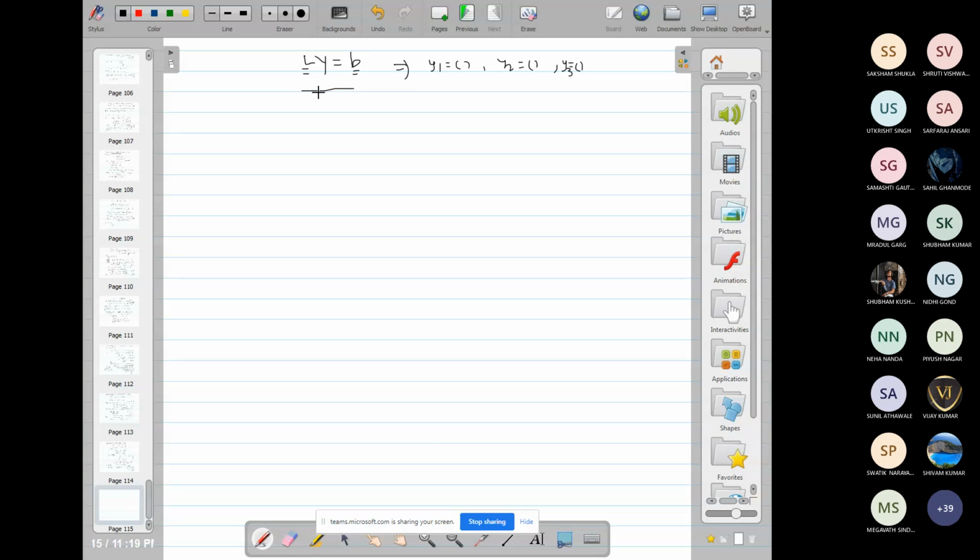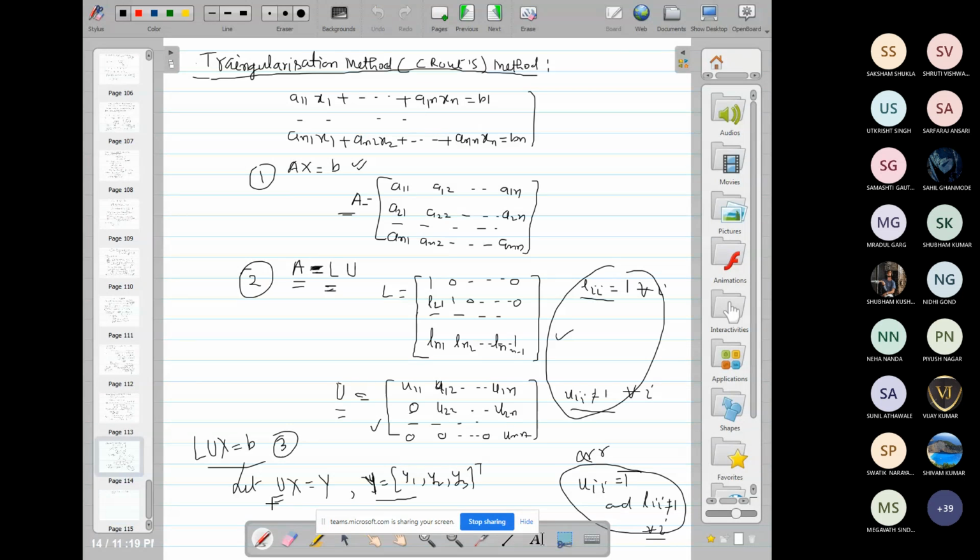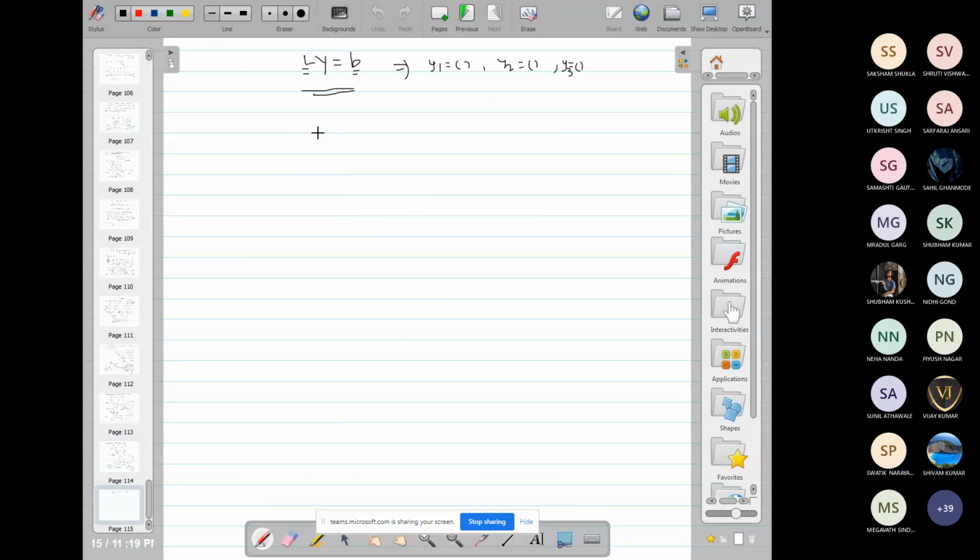After determining this vector Y, now substitute the value of Y in this equation. Suppose this is 4. In 4, we have Ux is equal to Y. Here Y is known and U is known. The unknown is X, the column vector x1, x2, xn.